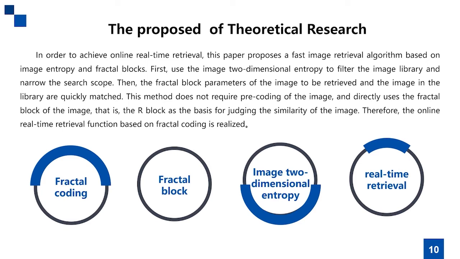This method does not require pre-coding of the image and directly uses the fractal block of the image, that is, the R block, as a basis for judging the similarity of the image. Therefore, the online real-time retrieval function based on fractal coding is realized.